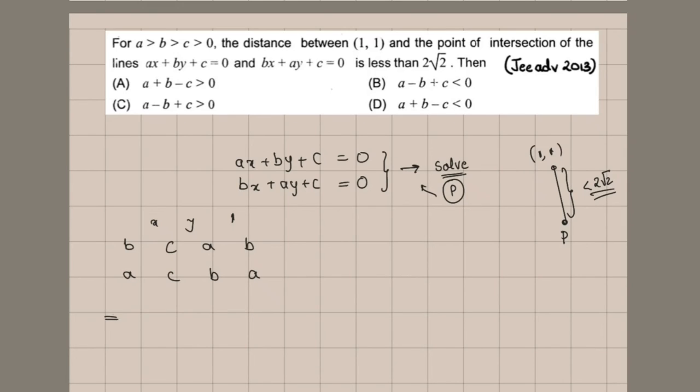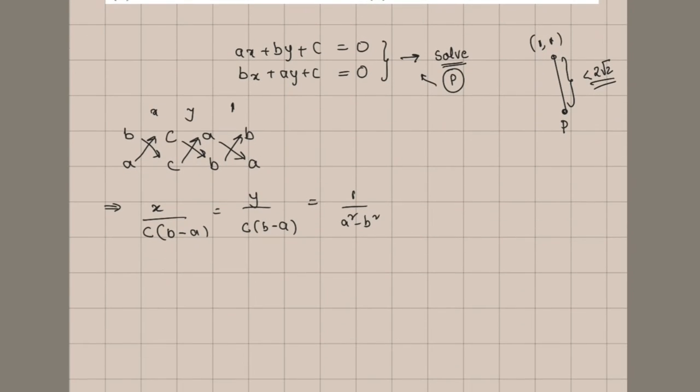So x by cross multiplying these two and subtracting, cross multiplying these two and subtracting, bc minus ac, which is nothing but c into b minus a, which equals y by bc minus ac, which is also b minus a, equals 1 by a square minus b square. So that implies x equals minus c by a plus b, comma y equals minus c by a plus b.